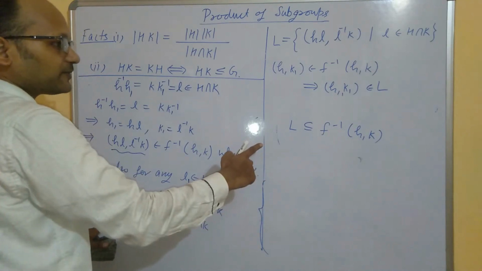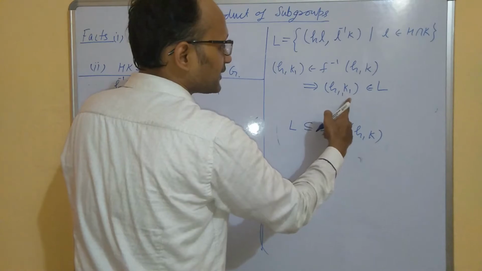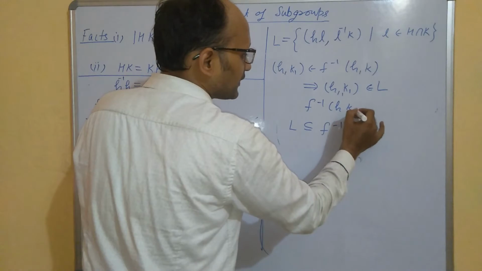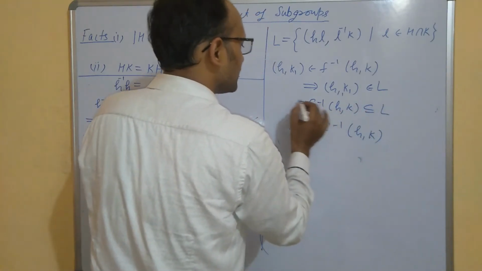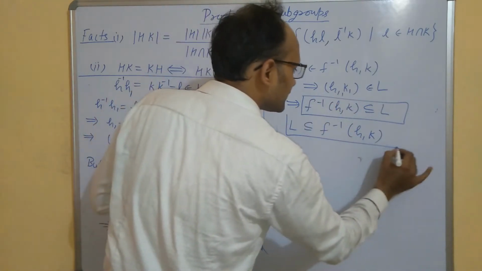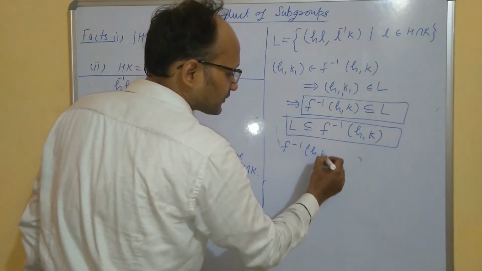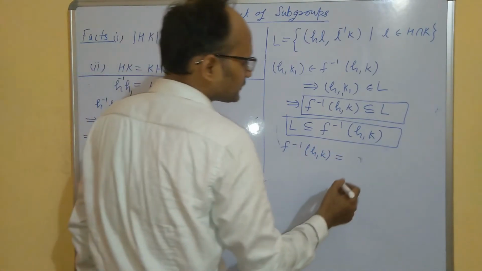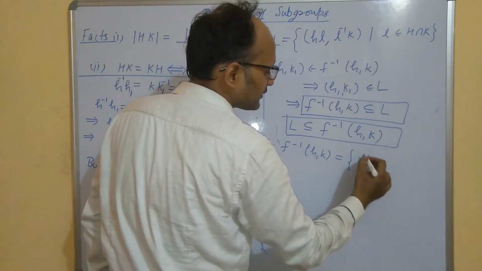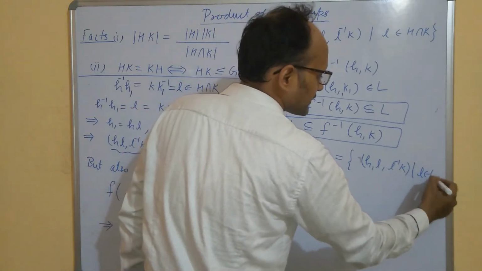But from here, because if we take any element of F inverse of hk, it is contained inside L. So this means F inverse of hk is contained inside L. So by this and by this, we can see that F inverse of hk is equal to this set, hL, L inverse k, such that L is in H intersection K.